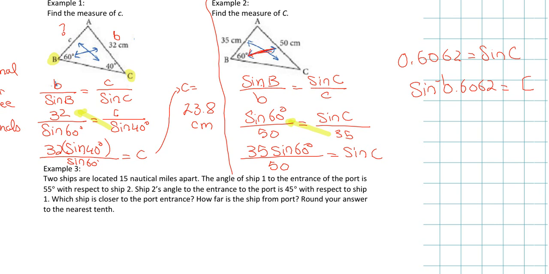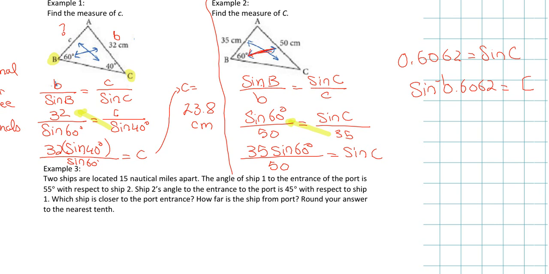When you leave the letter C by itself and move sine to the other side, you have to put a negative one. That's right. That's the inverse operation. Okay? So it's sine inverse of 0.6062. So you do shift sine. Okay?